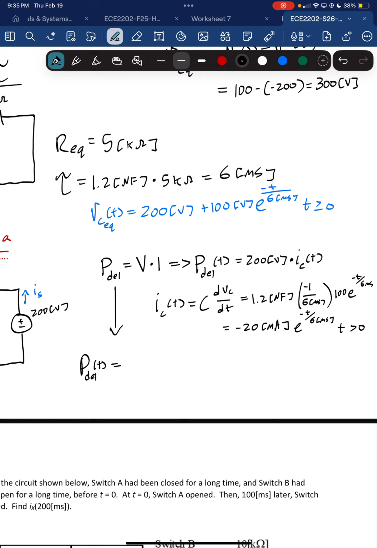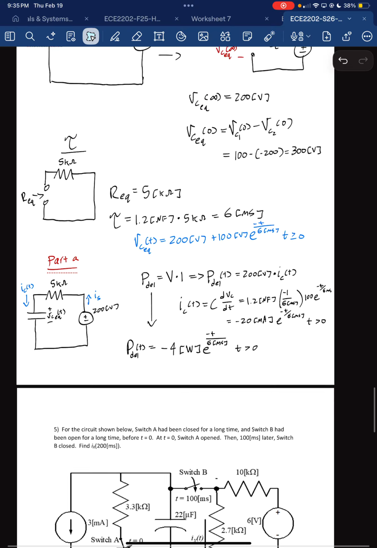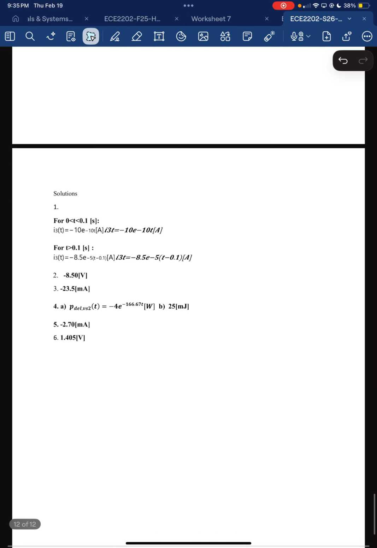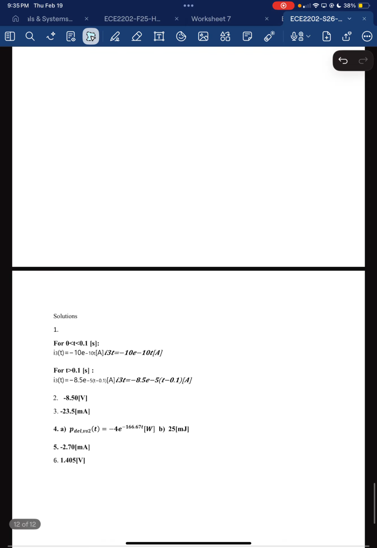So it's going to be 200 times 0.02, which is negative 4 watts e to the negative t over 6 milliseconds. Make sure that's good. Yes.